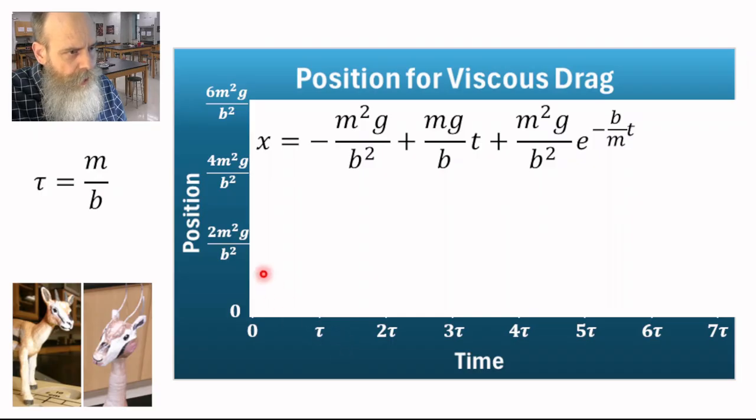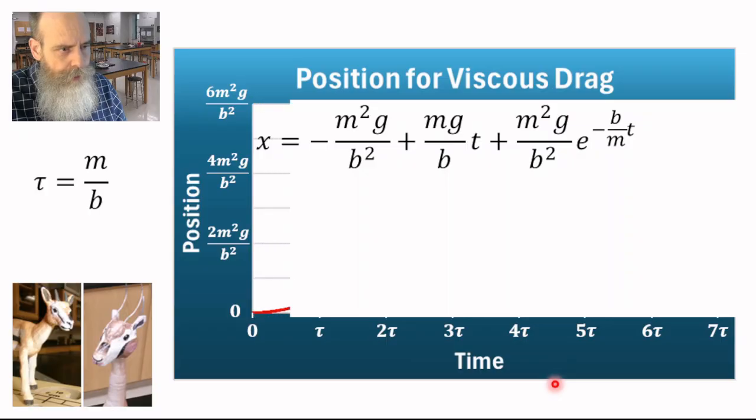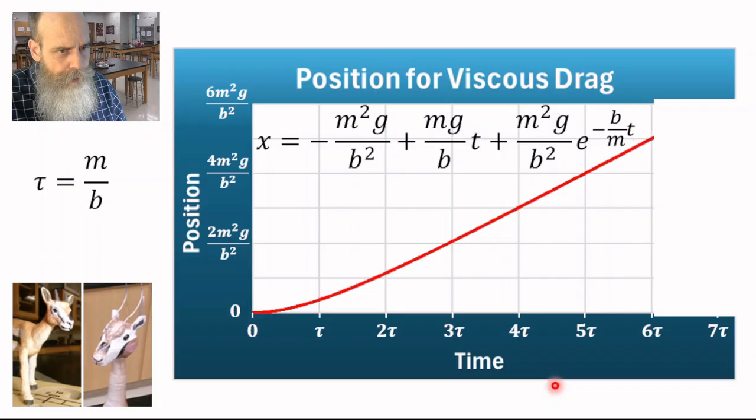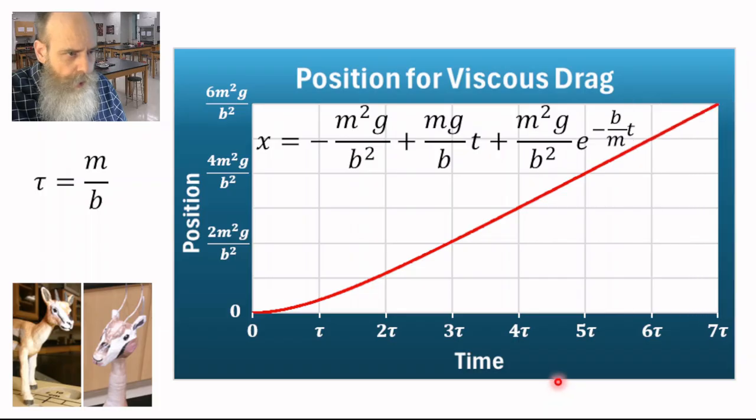I'm writing the position in terms of m squared g over b squared, and the time is written in terms of tau, the time constant. Here's what we get. It starts at 0, the position increases, the slope also increases, and eventually the slope becomes constant, and the function becomes linear after a time of about 5 tau.